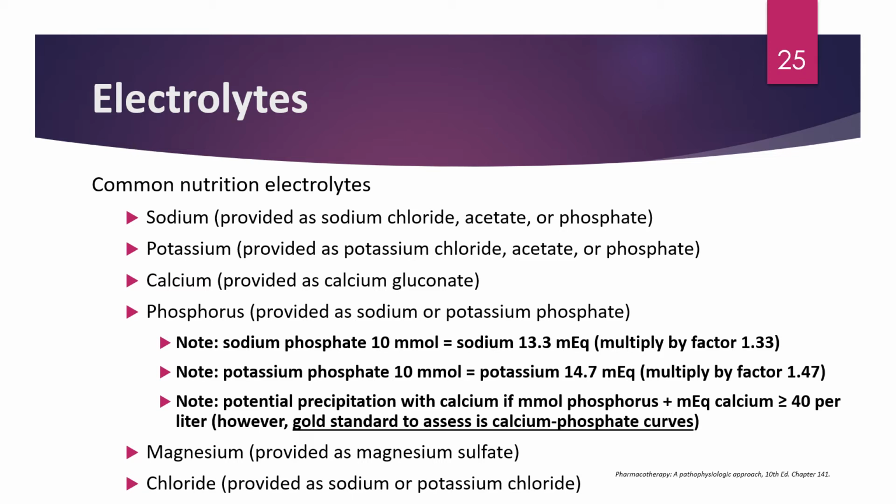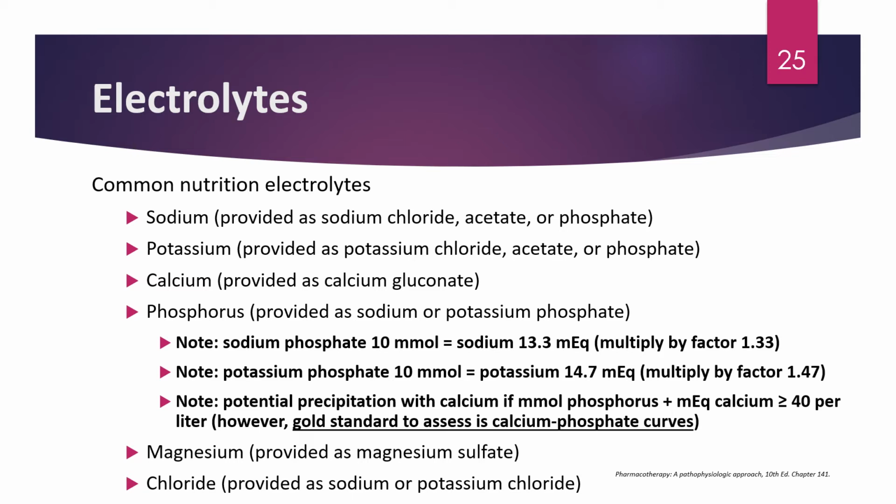The rule that I traditionally use for this, and this is just a rule that I've learned on my own in practice and doesn't necessarily have any reputable study behind it, is that if you have a combination of the millimoles of phosphorus plus your milliequivalents of calcium, if that exceeds or equals 40 per each liter of PN, you might be likely to precipitate your calcium and phosphorus in those cases.